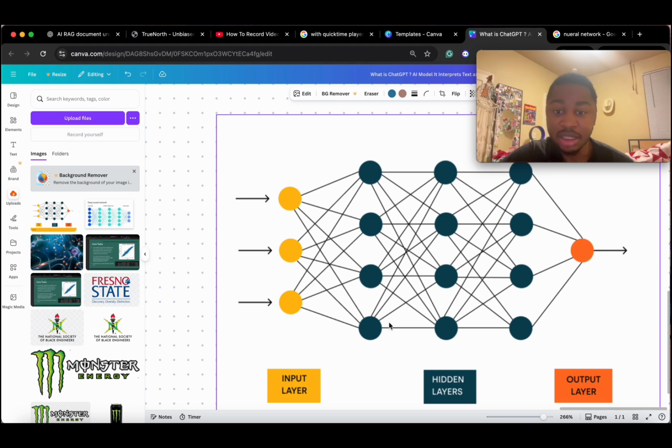When it goes to the next layer, since these other nodes are interpreting the sum of every pixel in the previous layer, it's now going to take that level of interpretation to a higher level. So instead of just interpreting a pixel, it's going to be interpreting maybe whole strips, maybe the whole image as a whole.